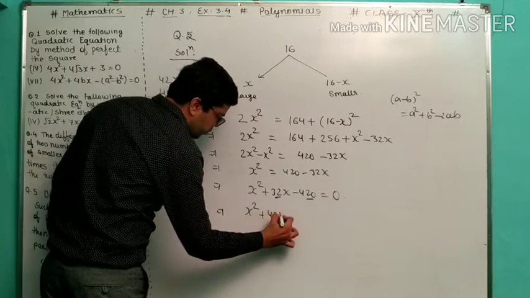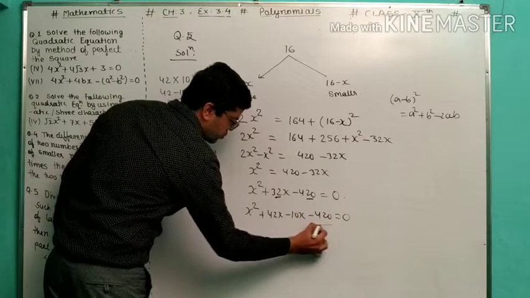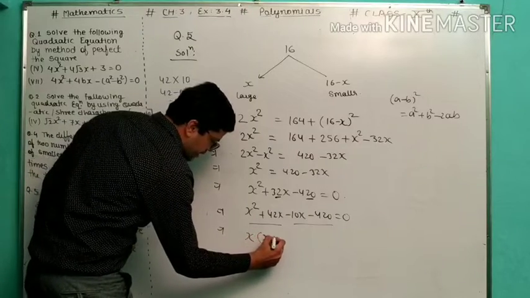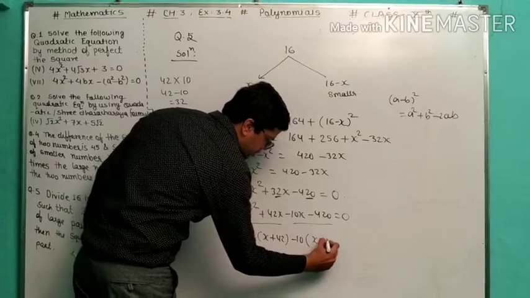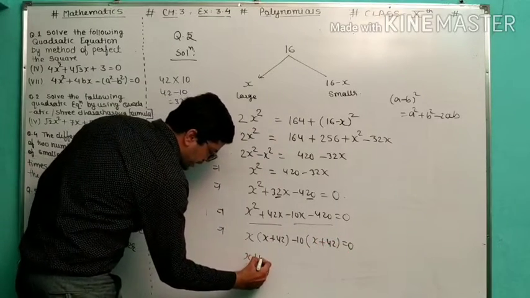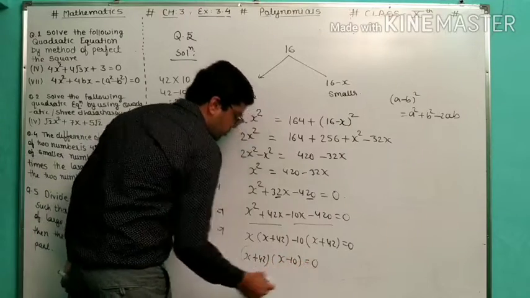So that is x square plus 42x minus 10x minus 420 is equal to 0. Make pairs of two: x common, x plus 42, minus 10, x plus 42 is equal to 0. So here the common is x plus 42, and x minus 10 is equal to 0.